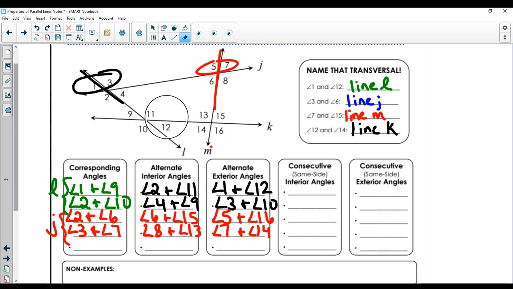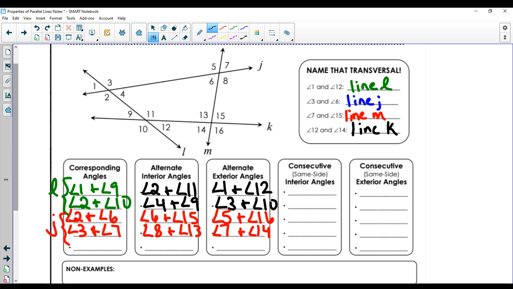All right, I'm going to erase this. Now, I'm still going to keep those transversals. So I'm going to keep referencing those. So now we switch to this fancy word called consecutive. I don't prefer that word myself.